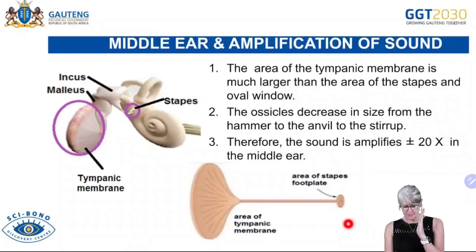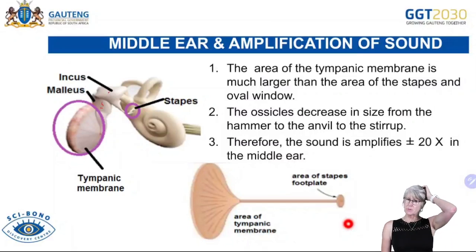The tympanic membrane is attached to the first little bone, the hammer or the malleus, and that then starts to vibrate. So as the tympanic membrane vibrates, it's causing the bone that is attached to it to vibrate, which then vibrates the second bone, the incus or the anvil, and the vibrations are transferred from each of the bones till it reaches the stapes or the stirrup.